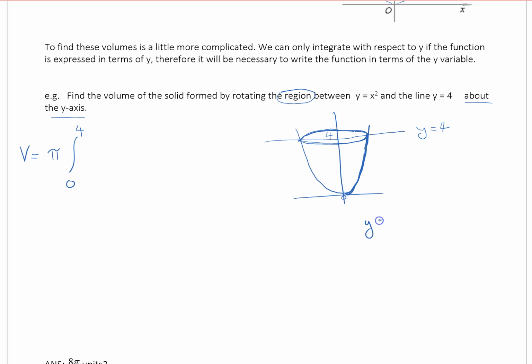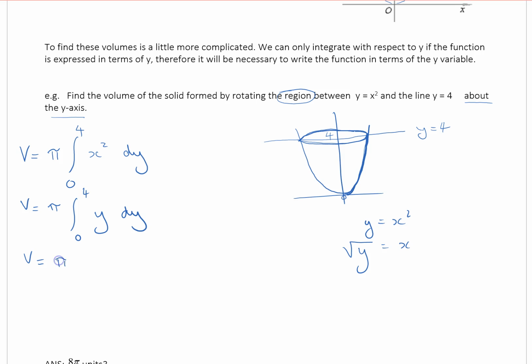We've got y is equal to x squared, x is equal to the square root of y, but the formula says we've got to square x, so our volume is pi times the integral 0 to 4 of x squared, back here really, x squared is y, dy.